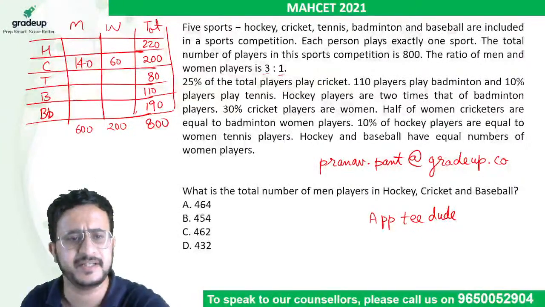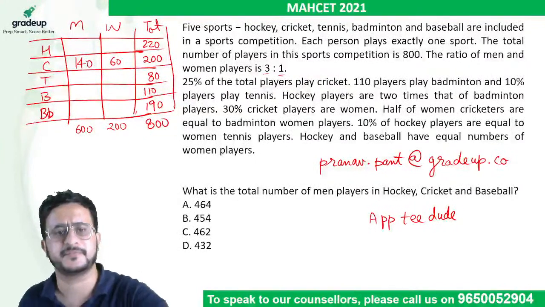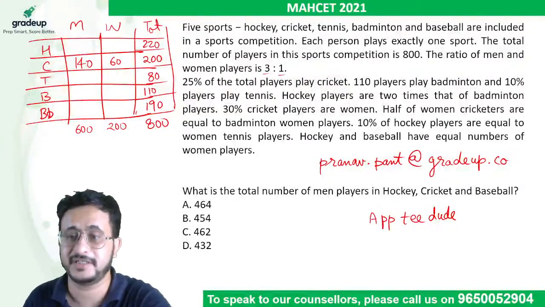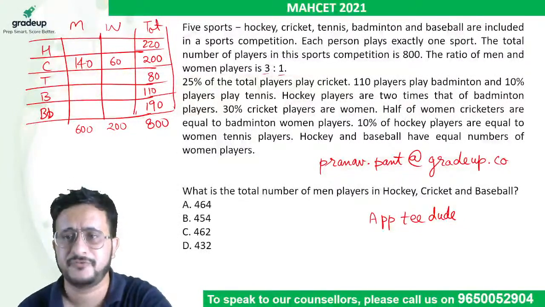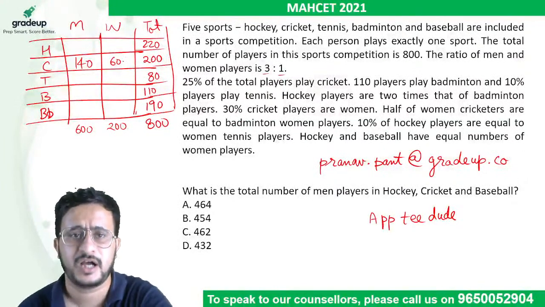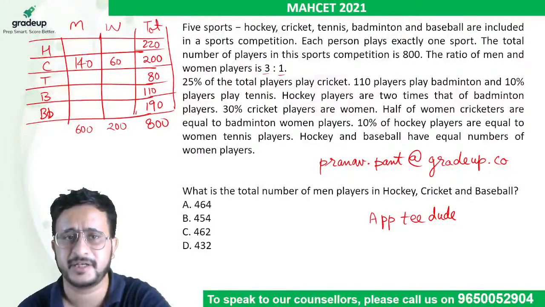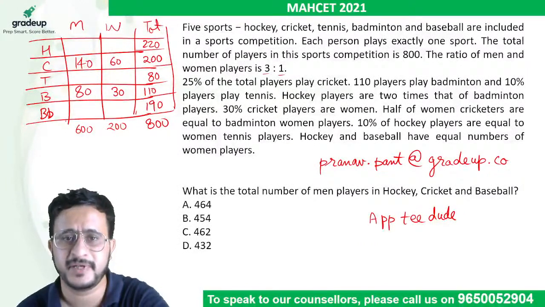Has anyone filled the data yet or filling it? So by this time you should have filled it, right? Okay, 30% players are women, so 60 women, 140 men. Half of women cricketers are equal to badminton women players. Half of women cricketers are 30, so 60, so half of it, that is 30. 30 is badminton women players, so that means badminton men players will be 80.